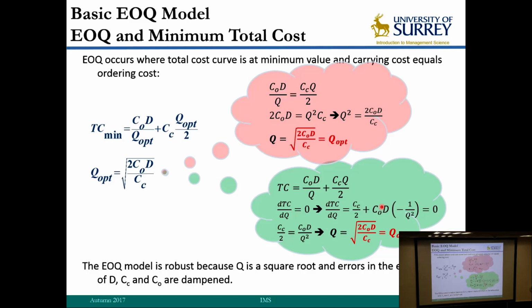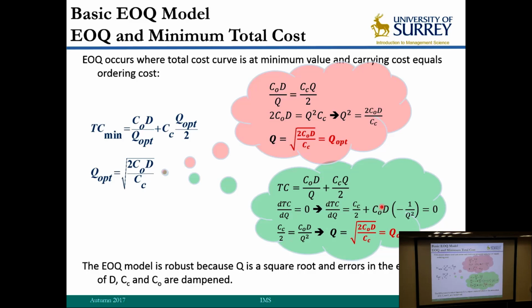For this part, it's slightly more difficult, but also fine. Co is a constant, and 1 divided by Q equals Q to the power of -2. We set it to 0, and we find the same expression here. That's basically the same final expression for the optimal order quantity.